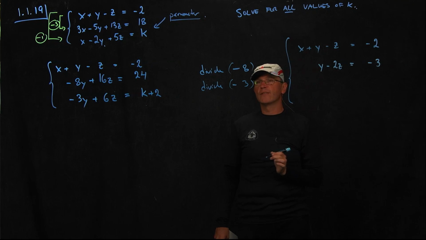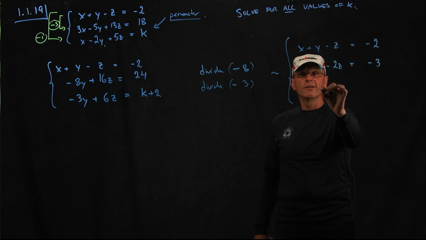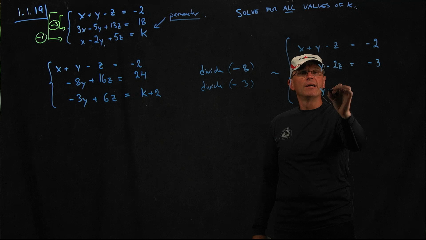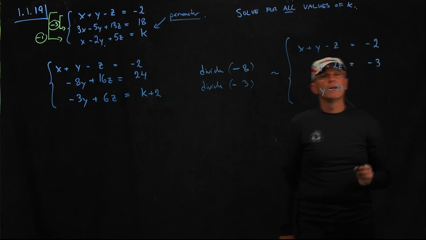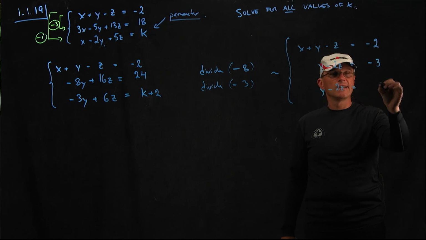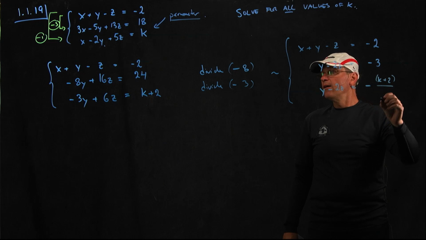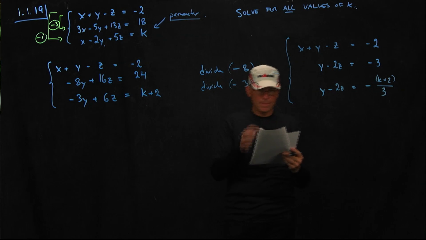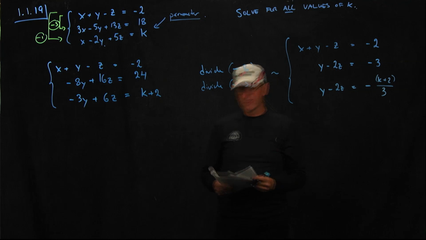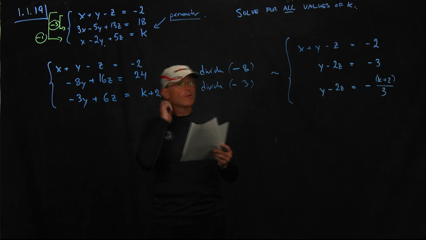All the signs flip. We divide by 8. Third, we get y minus 2z. And on the right-hand side, we get negative (k plus 2) over 3. Right. And my notes still agree. So what can possibly go wrong?